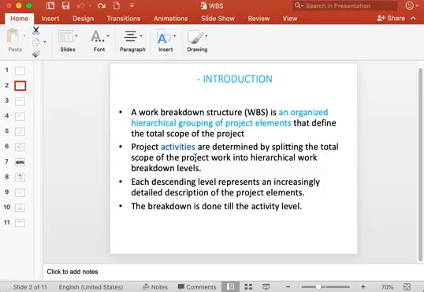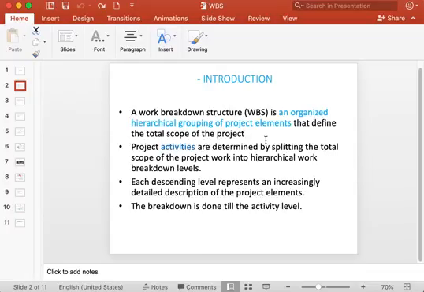So work breakdown structure is an organized hierarchical grouping of project elements or works that define the total scope of the project.